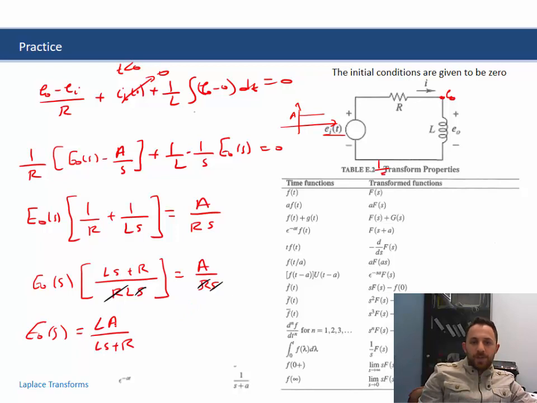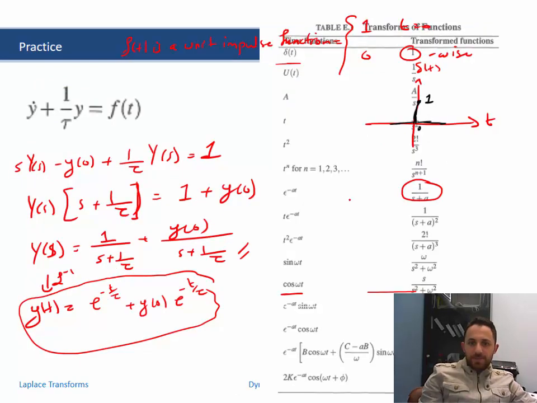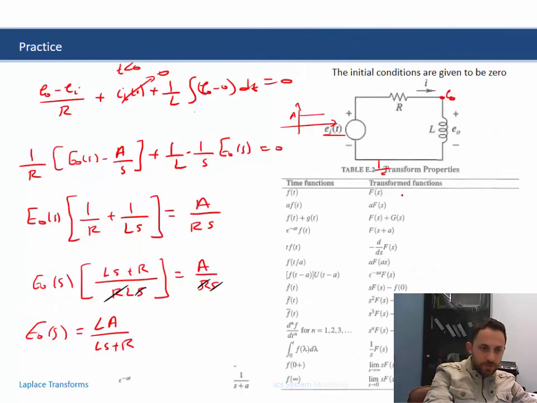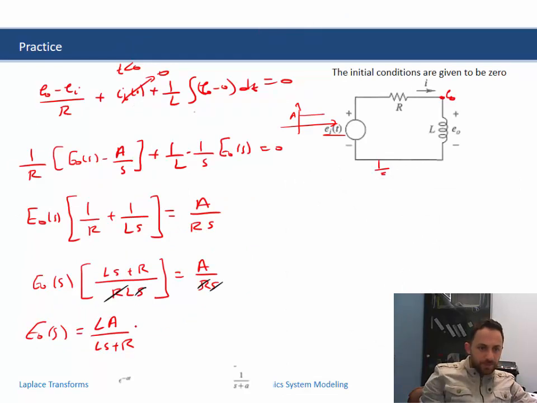Now you end up finding the Laplace transformation of the governing equation of this electric circuit. It is given as some constant over s plus a, so there is no coefficient beside s, so we should remove it, right?